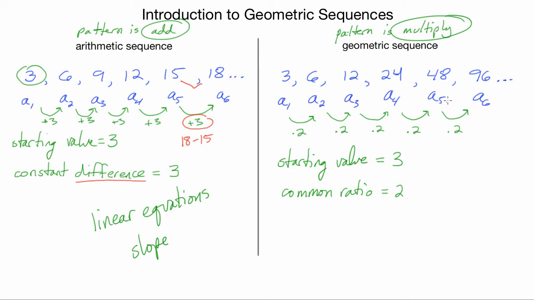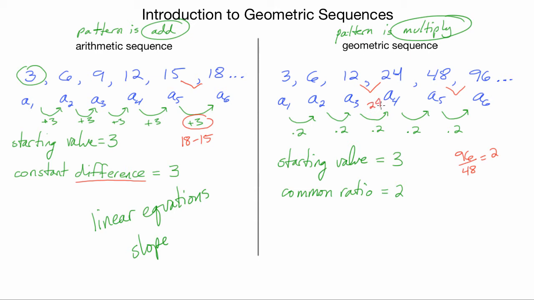The common ratio implies the same thing. If I take any two terms and I divide them, 96 divided by 48, that's a ratio. 96 divided by 48 is going to give me the value of 2. And so I can figure out what I'm multiplying by taking any two consecutive terms.